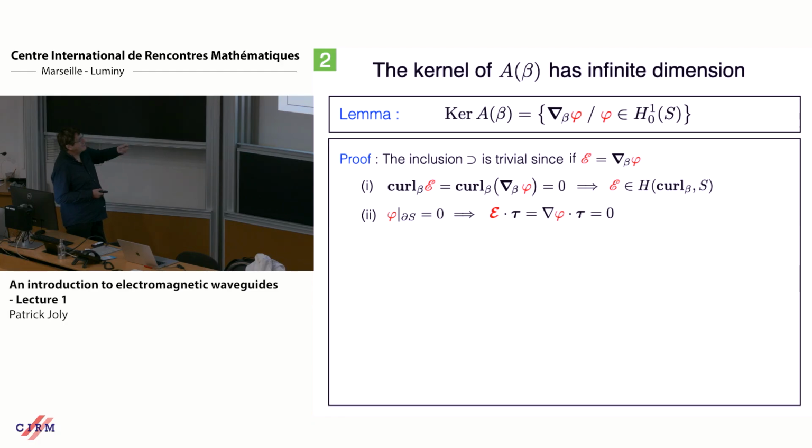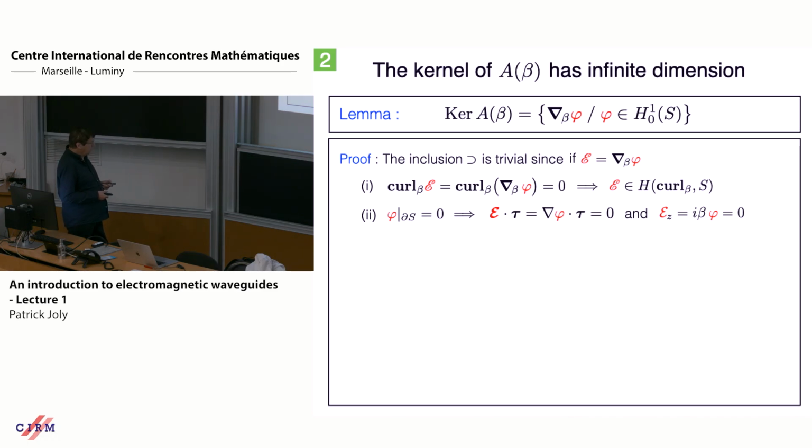Because phi is 0 along the boundary, because phi is in H1 0, E dot tau, which is the tangential derivative of this trace, is also 0. And the vector field EZ, which is i beta phi because of the definition of grad beta, is also 0.